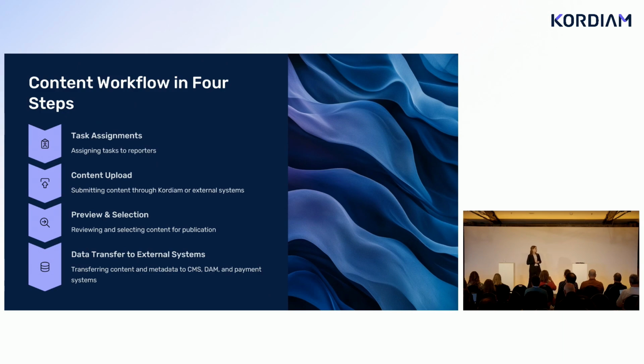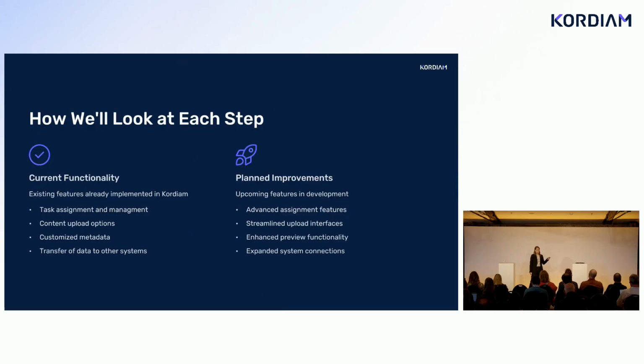And last but not least, we have the data transfer to external systems, and that can be the content itself, images and so on with metadata, but also secondary data that could be used, for instance, for payment systems or financial systems.